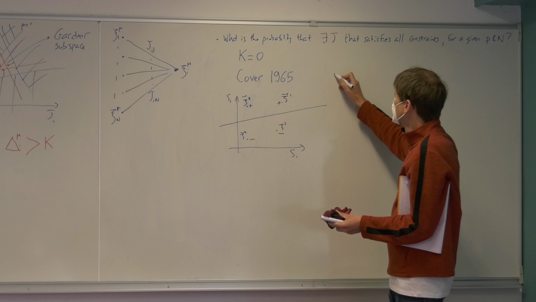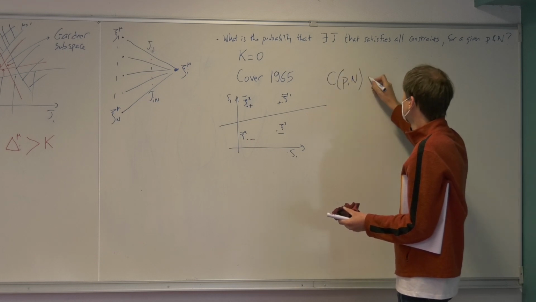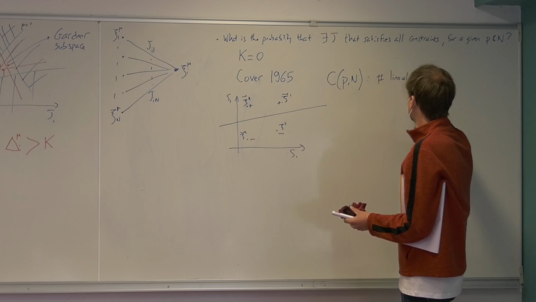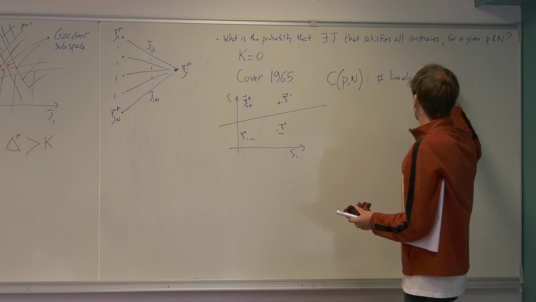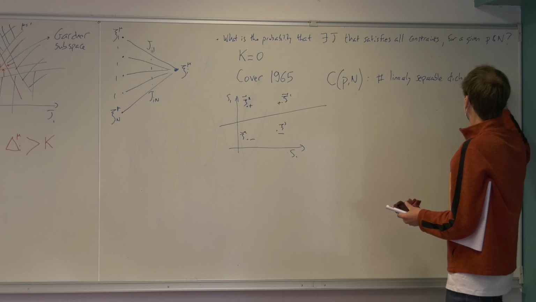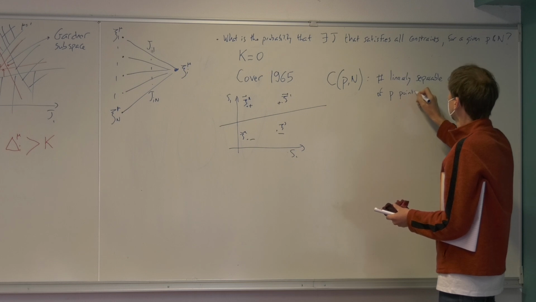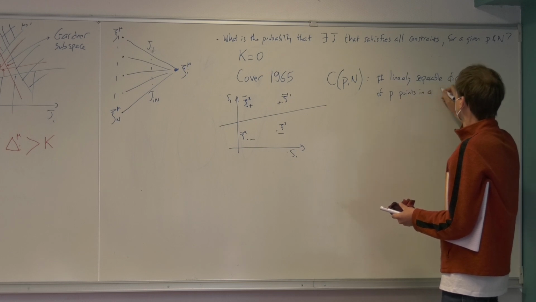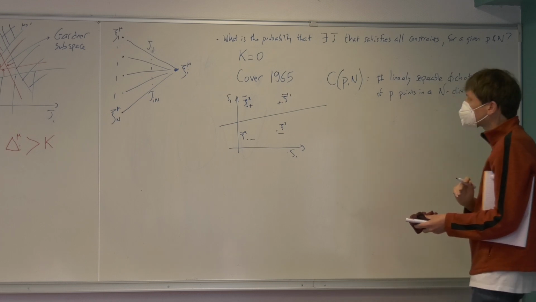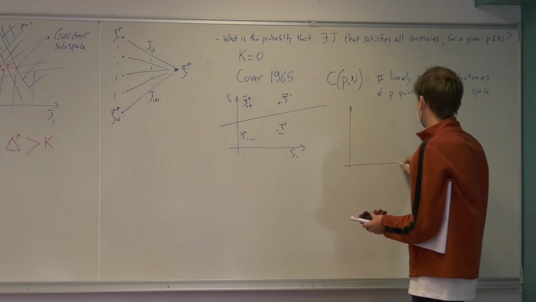So you count C(P,N), which is this number of linearly separable dichotomies of P points in N-dimensional space.